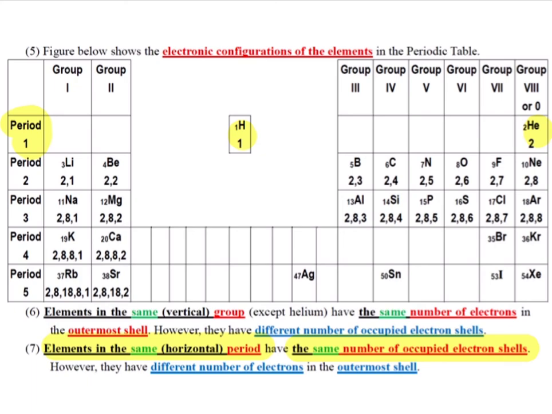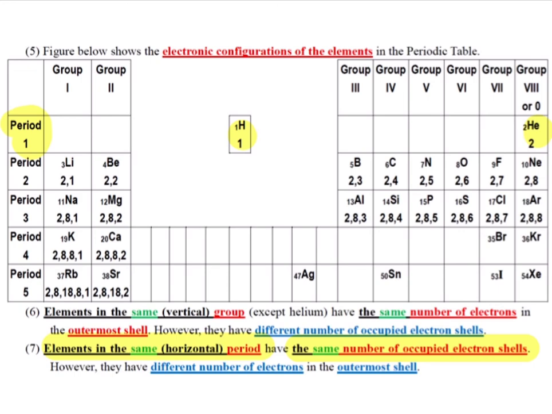It is point number 7. Elements in the same period have the same number of occupied electron shells.